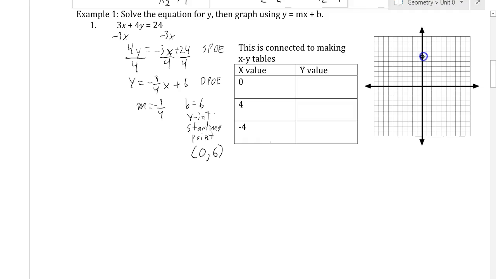So putting that point on the graph, the point is (0, 6). And then the negative 3/4 gives us directions. It is telling us how to move from that starting point. So from the starting point, we want to rise negative 3 and run positive 4.